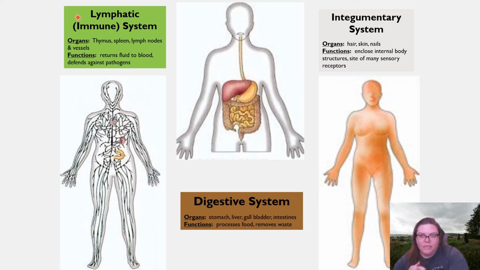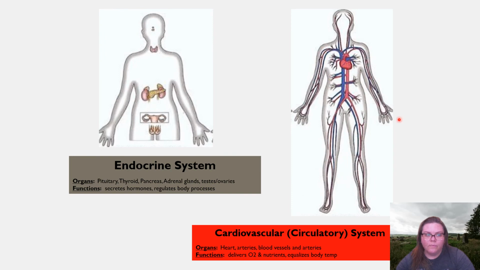Your integumentary system, that's mainly for protection. It's hair, skin, and nails, and encloses body structures and is the site of many of your sensory receptors. The endocrine system is comprised of the pituitary, thyroid, pancreas, adrenal glands, as well as your testes and ovaries.